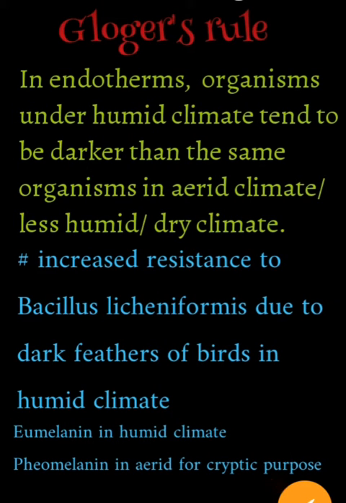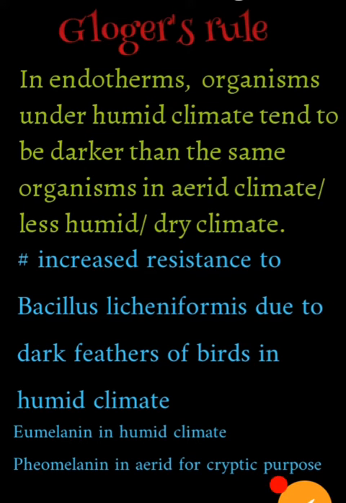Next is Gloger's rule. According to Gloger's rule, endothermic organisms under humid climatic conditions will have darker skin as compared to the same organisms which live in dry climatic conditions, right? There is an example in the case of birds that live in humid climate. They will have dark feathers.